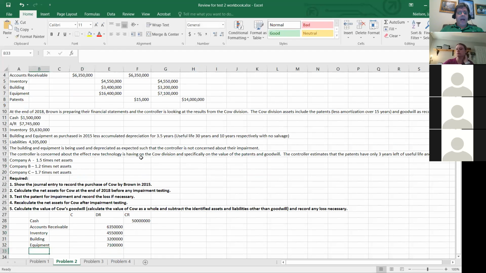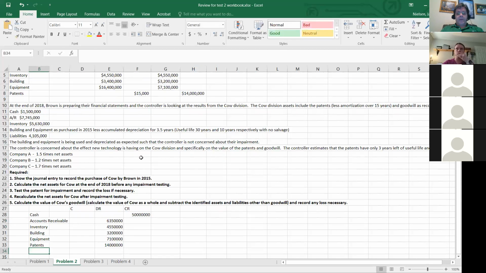But the patent is worth much more, because you remember when they internally develop patents, they don't record a very high cost, but they could be worth lots. There we got all of our values, all of our assets.